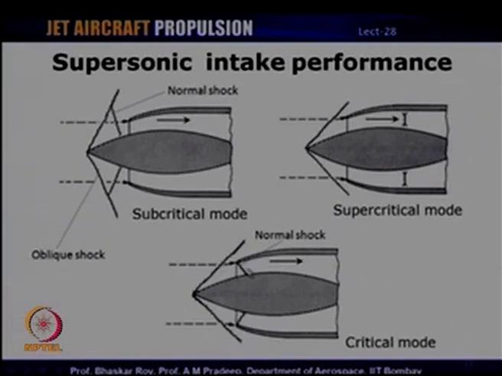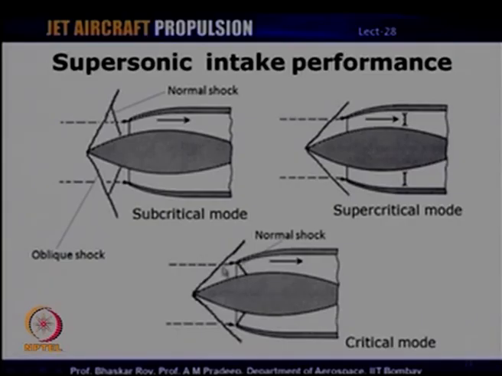Critical mode is when the normal shock occurs exactly at the cowl lip, and that is the throat. Therefore, the losses across this normal shock will be minimal. This is the operating condition for which the intake would have been designed, so that the normal shock occurs right at the cowl lip.